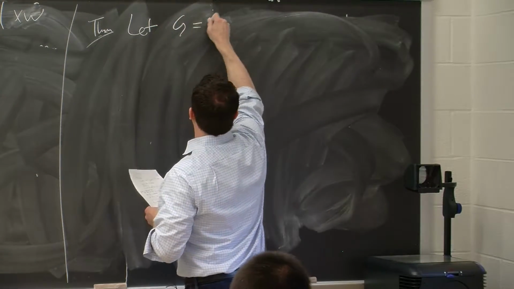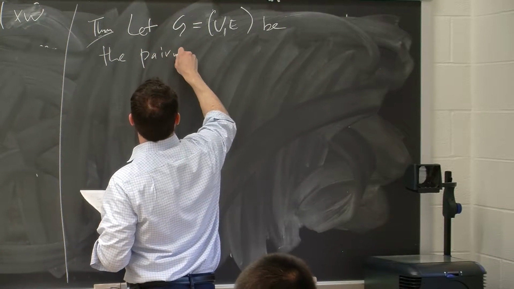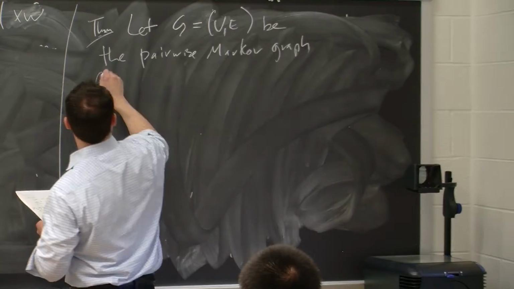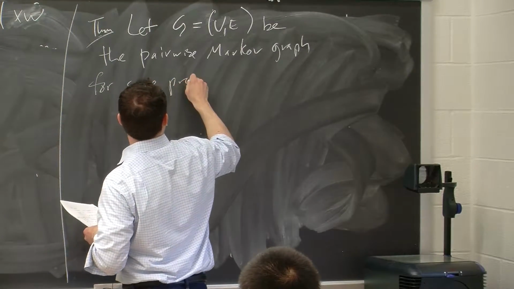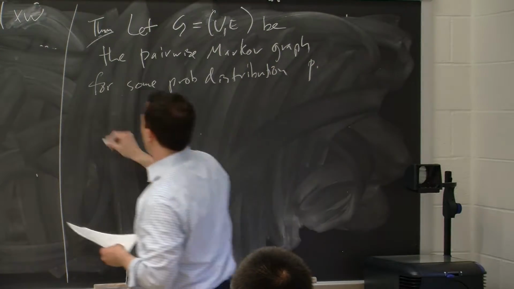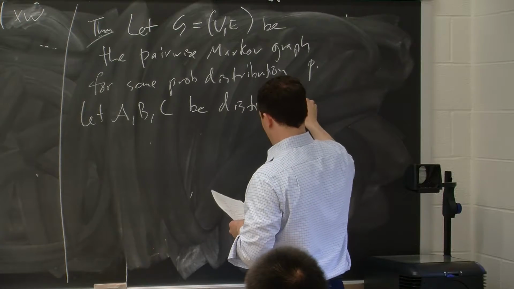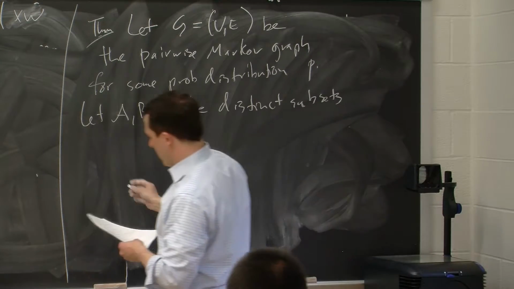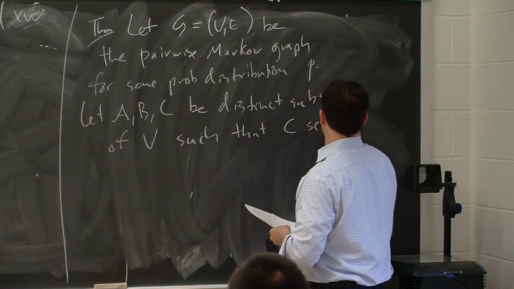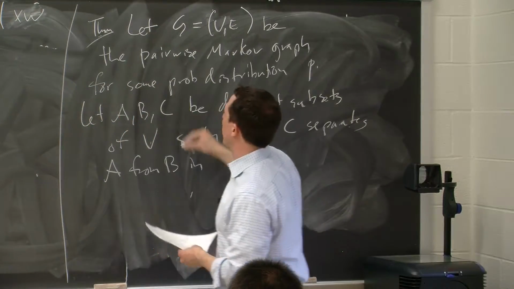Let G = (V, E) be the pairwise Markov graph, constructed in this way, for some distribution P. Let A, B, C be distinct subsets, not just vertices, of V, the set of vertices, such that C separates A from B in this pairwise Markov graph.